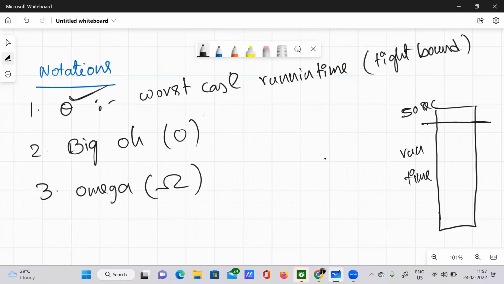So this would be the maximum amount of time that is taken by my algorithm. Beyond that, there is no scope of taking much more time. Beyond this, my algorithm won't take any more time. So this 50 seconds would be my upper limit, right?